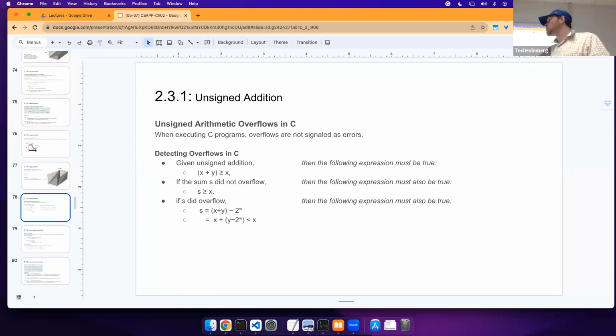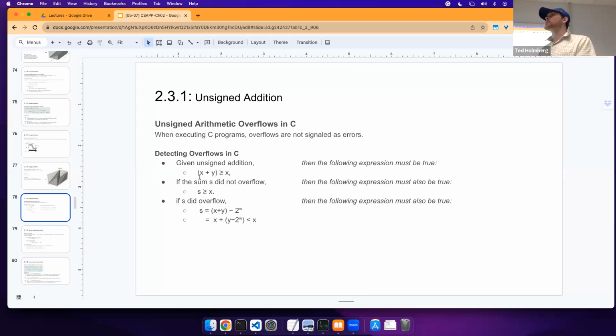So again, suppose that we're given the unsigned values of X and Y. Since they're unsigned values, since there's no value that's less than 0, it should be true that X plus Y is greater than or equal to X. It can never be less than X, right?